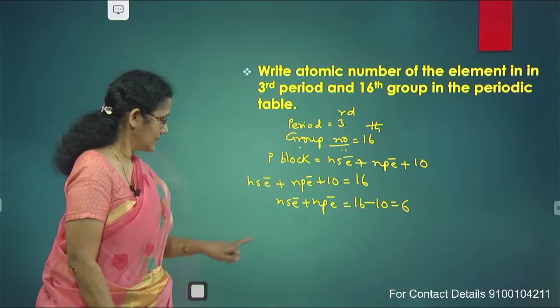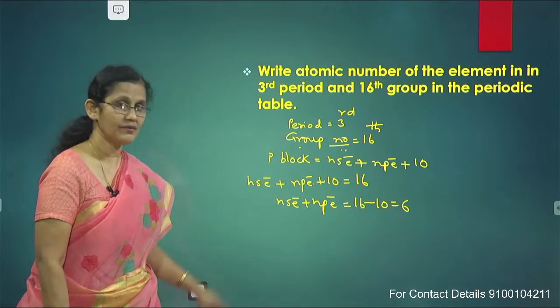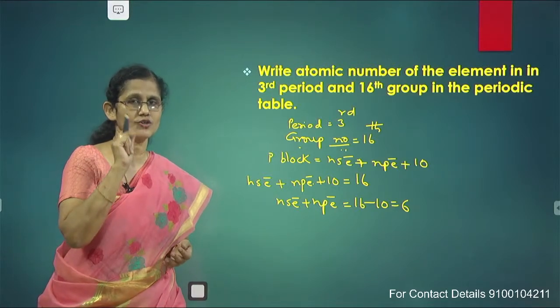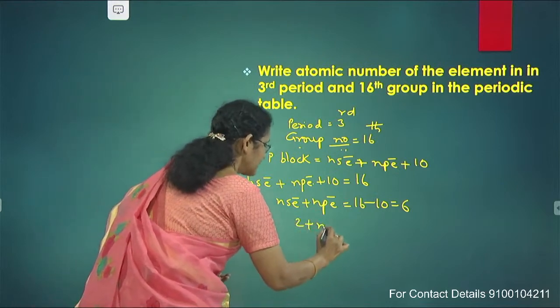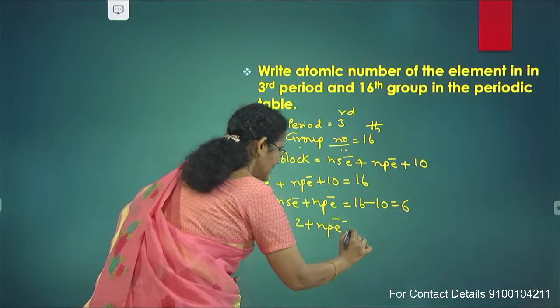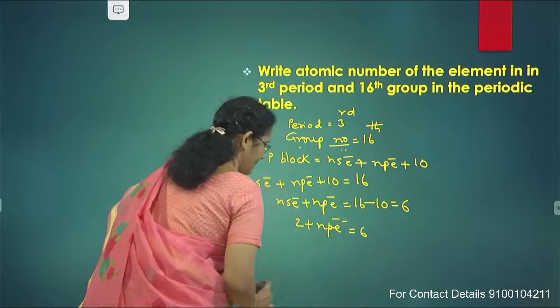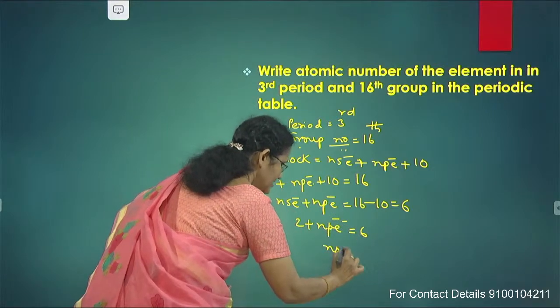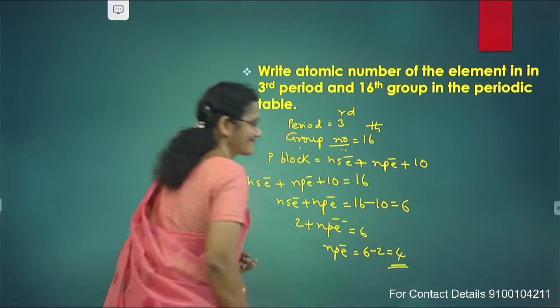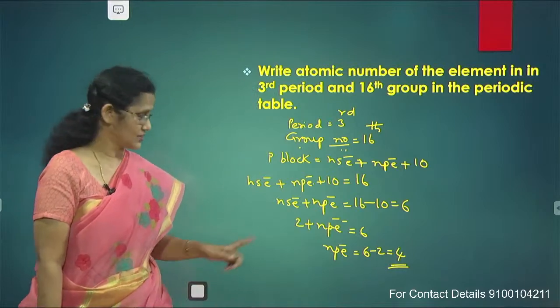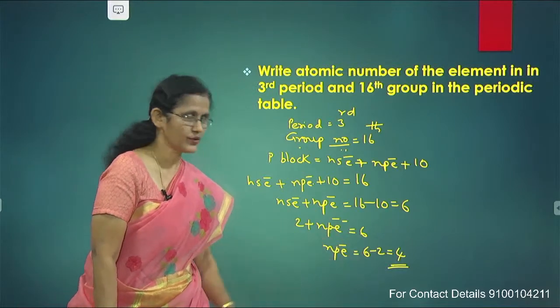So, 6. S can have a maximum of how many electrons? 2 electrons. So, 2 plus np electrons is equal to 6. So, np electrons is equal to 6 minus 2, which is 4. That means the s orbital has 2 electrons, the p orbital has 4 electrons.